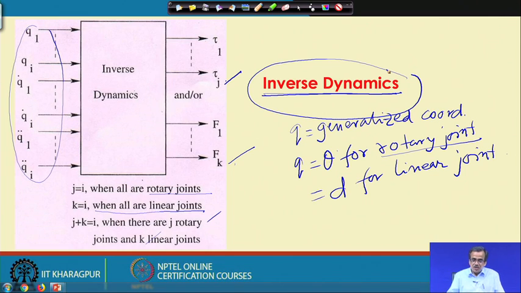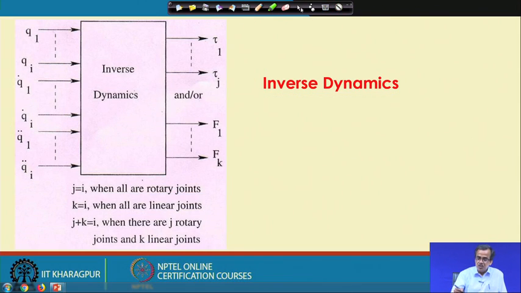So, this is in fact the inverse dynamics, and I am just going to discuss in this particular course the inverse dynamics problem of these robots, and I am not going to discuss the forward dynamics. So, this is what we mean by the inverse dynamics problem, which I am going to tackle in this course.